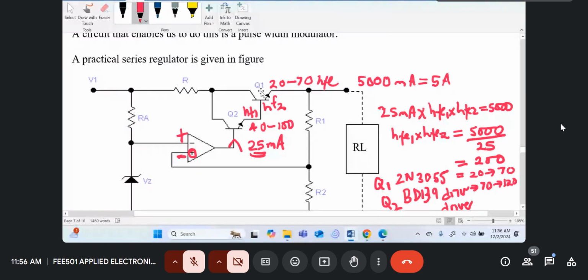So the output of my op-amp was connected to only one transistor, Q1, and I'm using a Texas Instruments op-amp, which can supply 25 milliamps. Then it means the maximum current my circuit will be able to give to the load will only be 25 milliamps times 20, which is 500 milliamps.